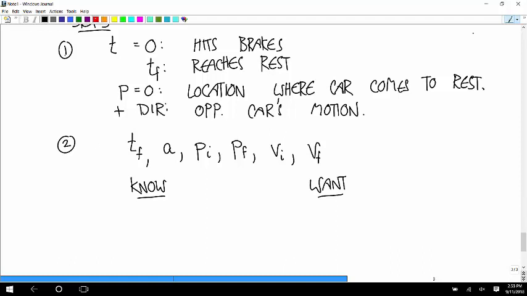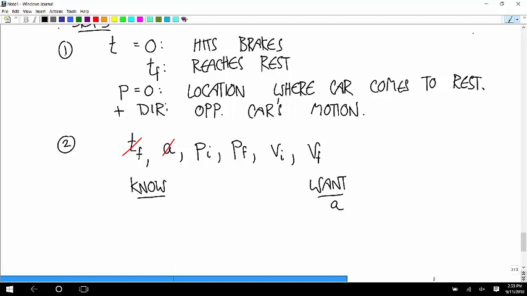No, we still don't know that. Do we know the acceleration? We're still trying to find that. Do we know the initial position? We do, but it's not as simple as it was last time.